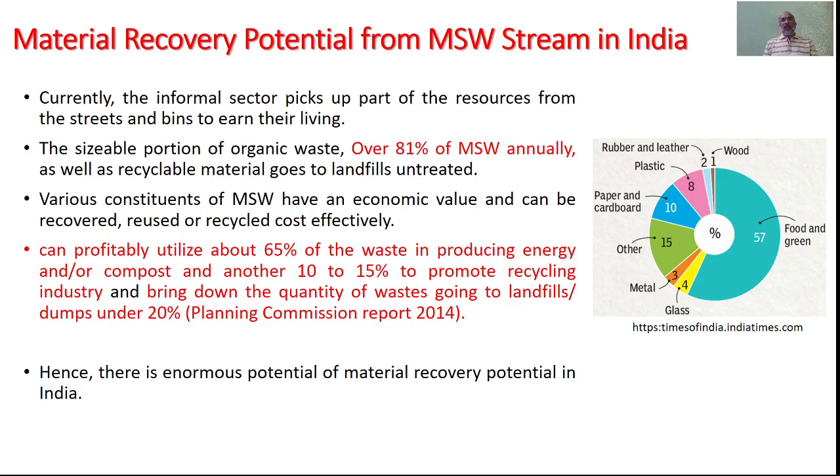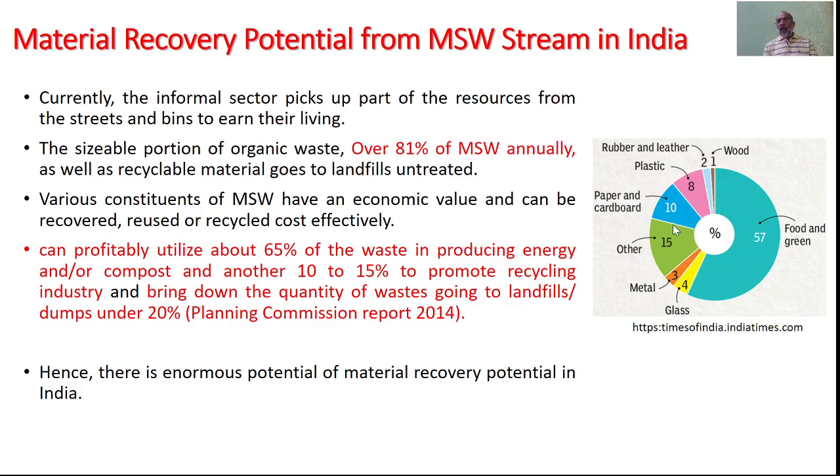As we consider the Indian circumstances, the typical composition we have already studied over many slides. Just for the sake of convenience, let's assume some such configuration. So there is certain food waste, there is wood, rubber, leather, plastic, paper, cardboard, metal, glass.